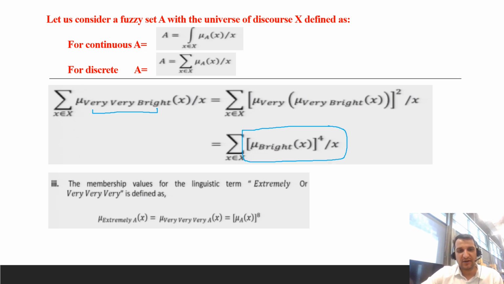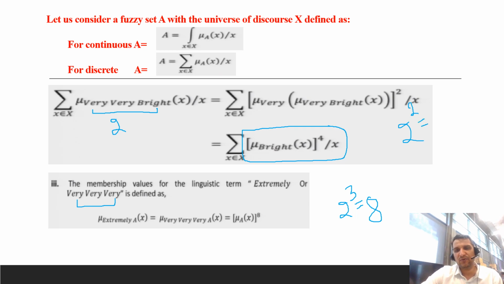And if very is used 3 times, or we can say 2 raised to the power 3, that is 8 times, we have to multiply the membership value 8 times, right? In this case very is used 2 times, that's why we multiply the membership value 2 raised to the power 2, that is 4 times, right?